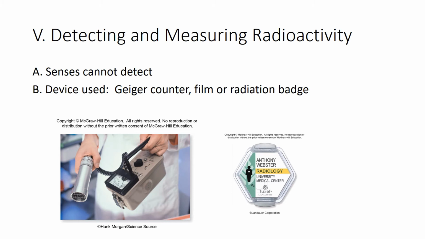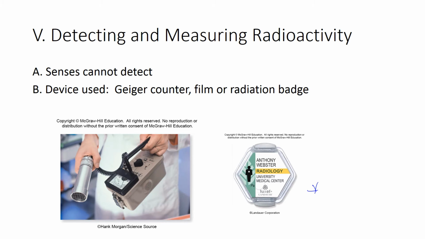You're not going to have an impending sense of doom. So instead we have to use devices like a Geiger counter or film or radiation badge. And what you're seeing on the right hand side is a radiation badge. So if you work with radiation a lot, you'd wear one of these and monitor it to make sure you're not coming in contact with a lot more radiation or any radiation for that matter.